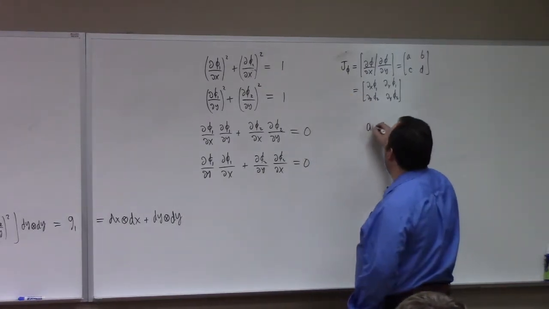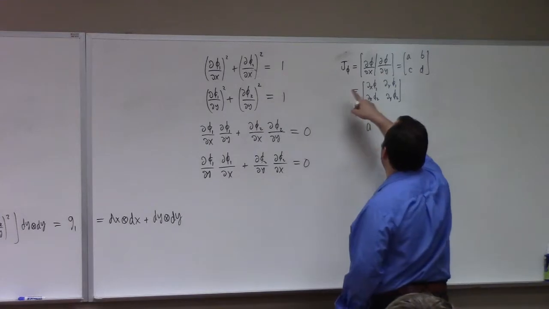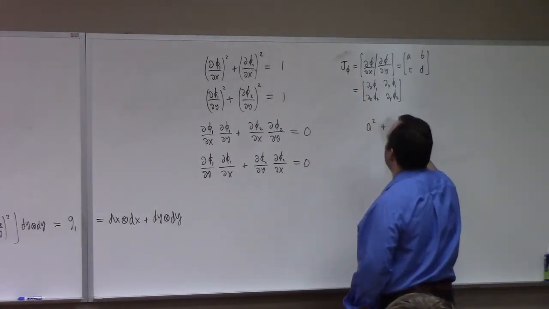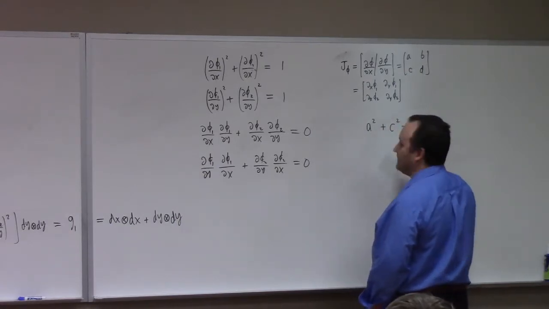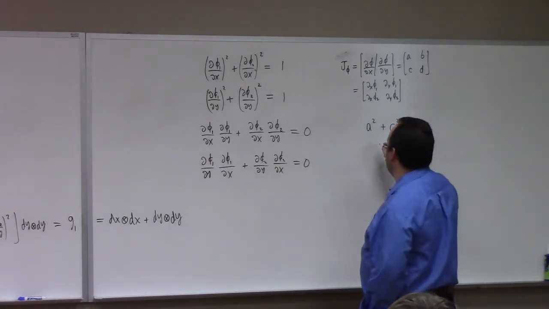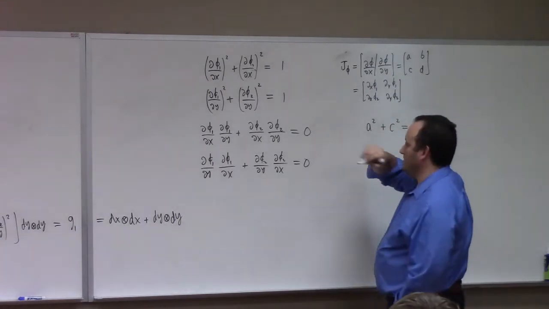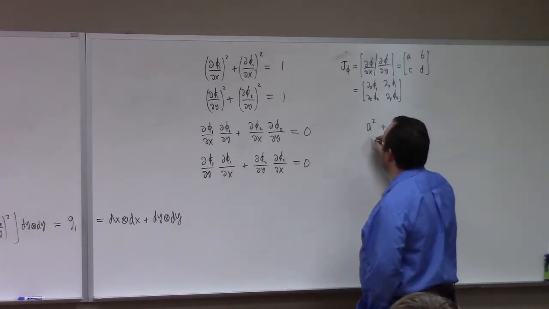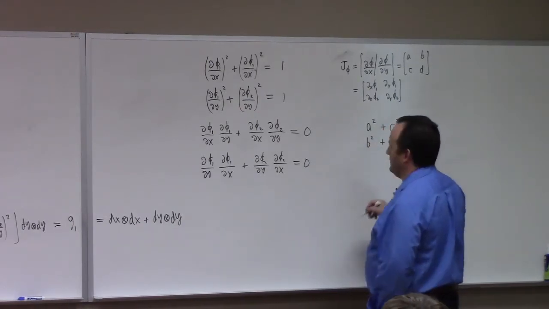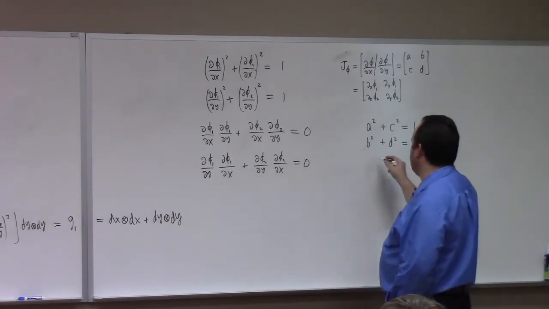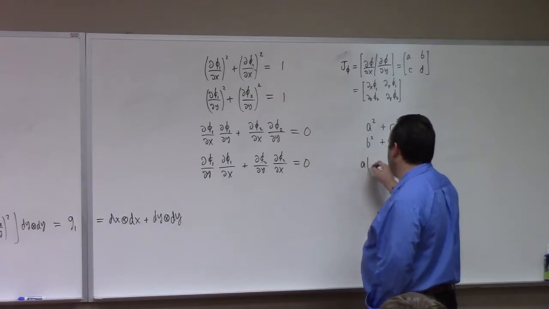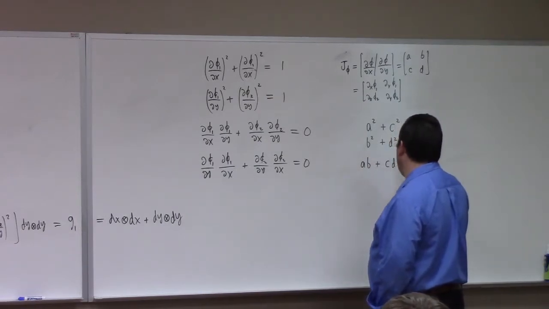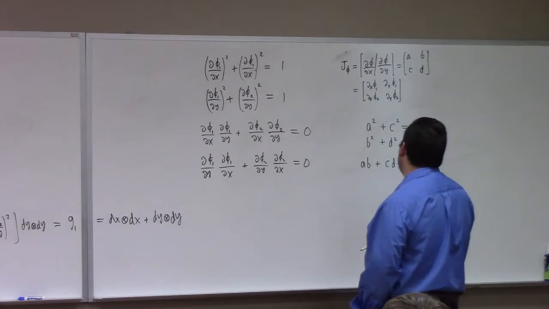They're a squared plus c squared equals 1, right? And b squared plus d squared equals 1. And these are what? Oh, they're the same equation twice.